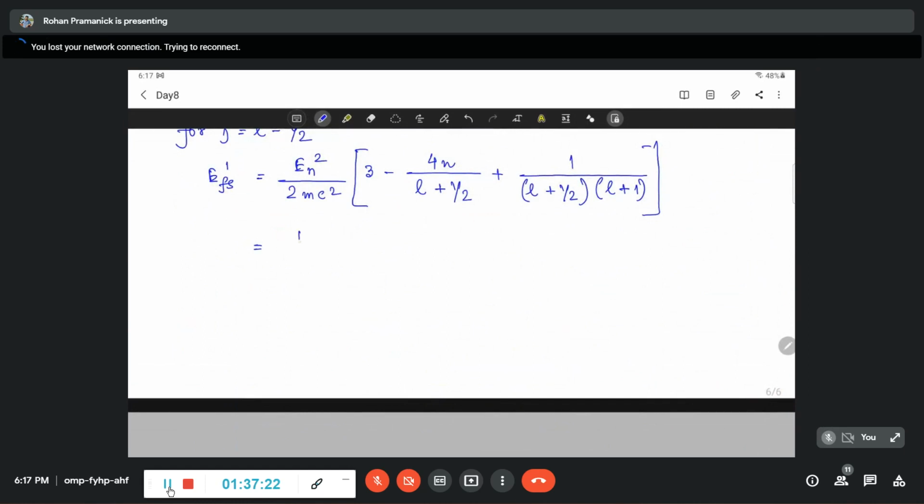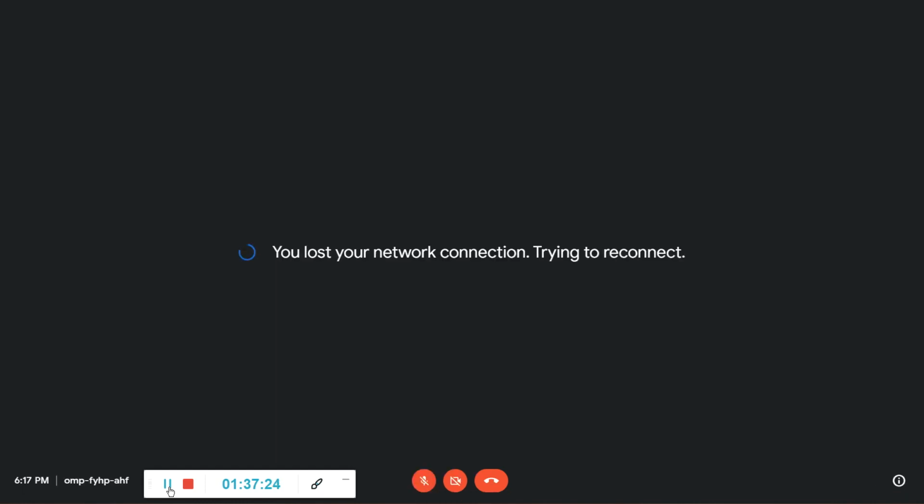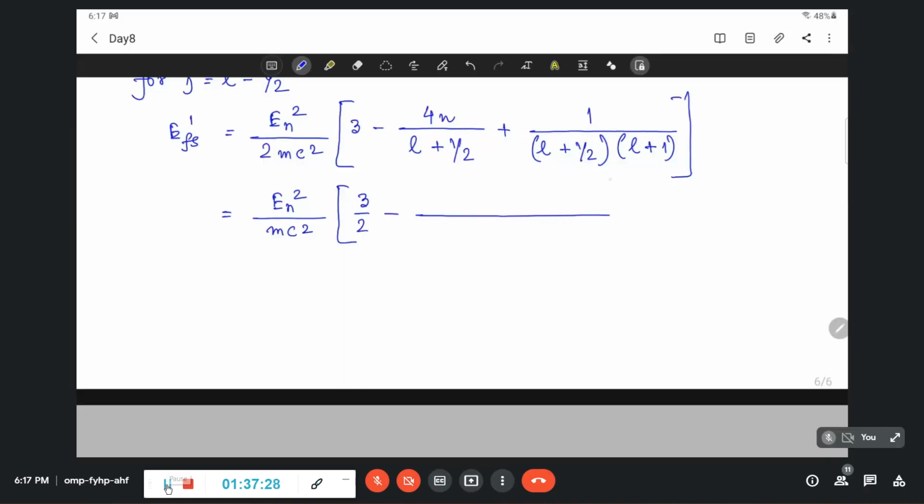If you do this carefully, you will have E_n squared by mc squared, L plus half, L plus 1, and then here you have 2n times L plus 1 minus.